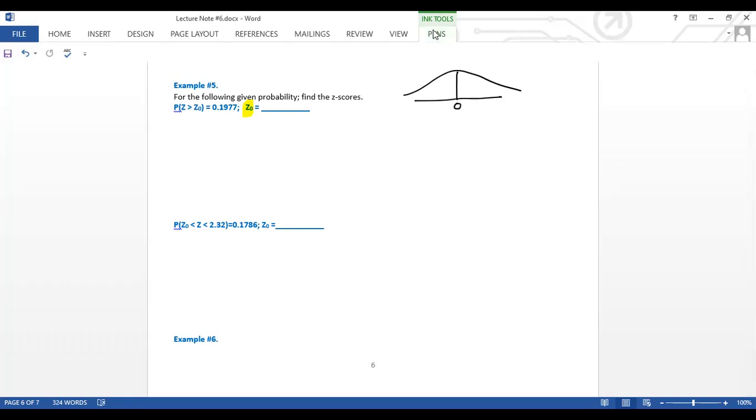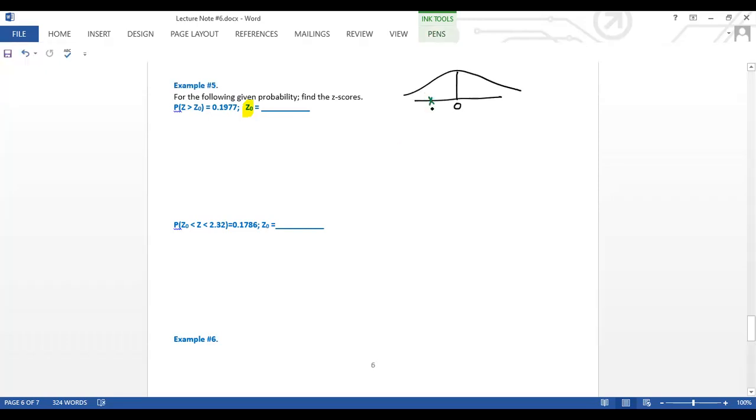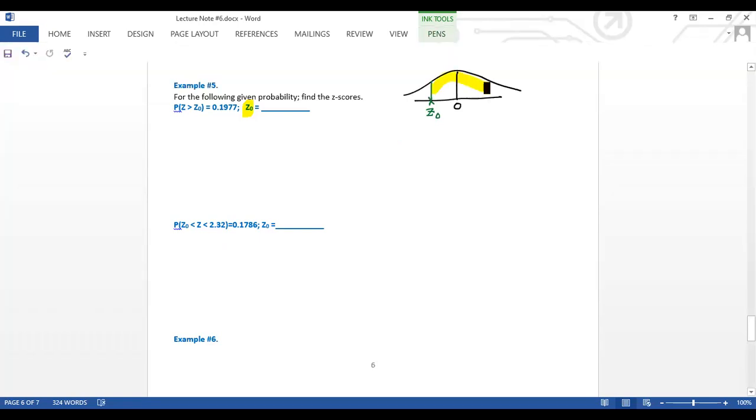So let's try putting z0 here and see whether that works. If z0 is here, then the area greater than z0 is this yellow area.